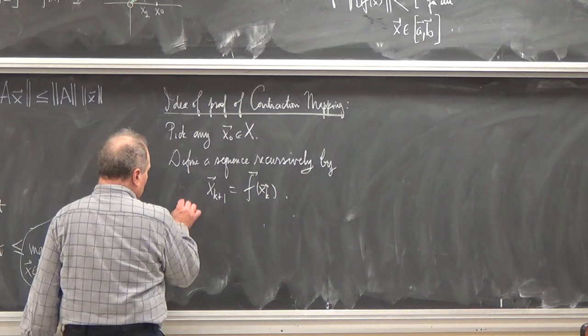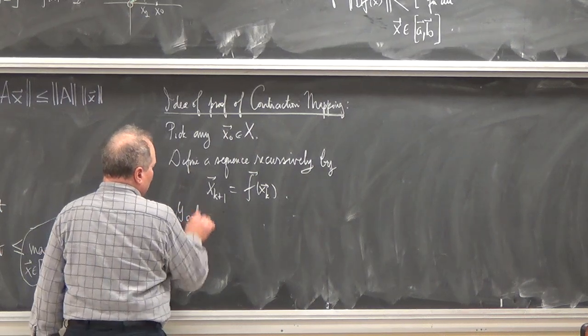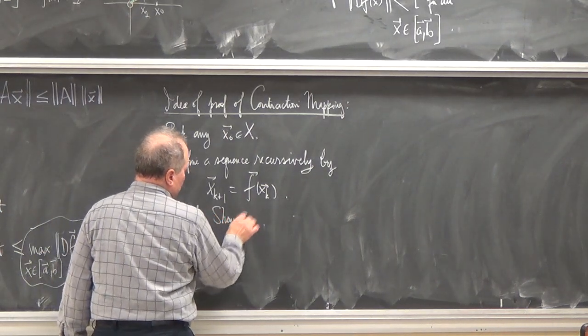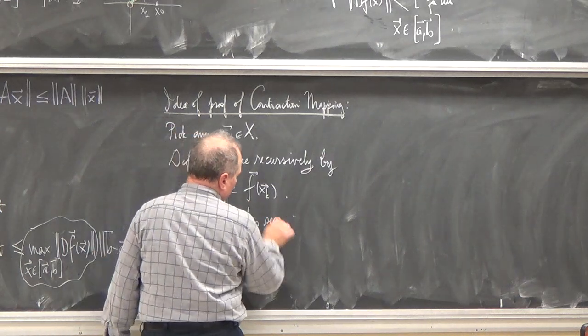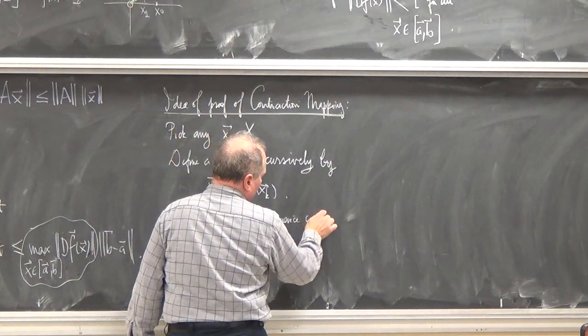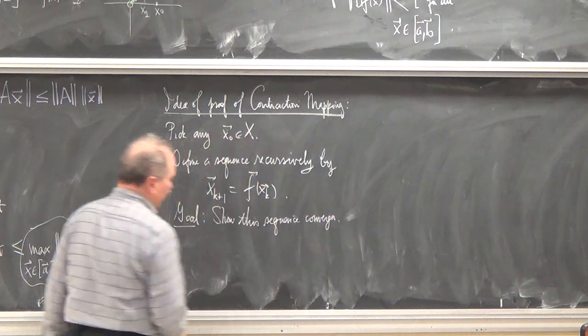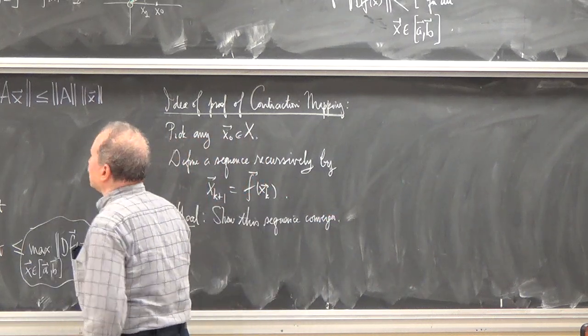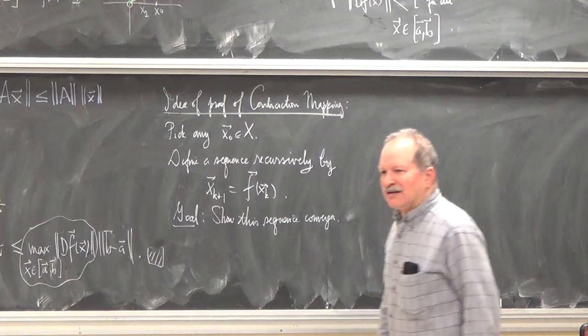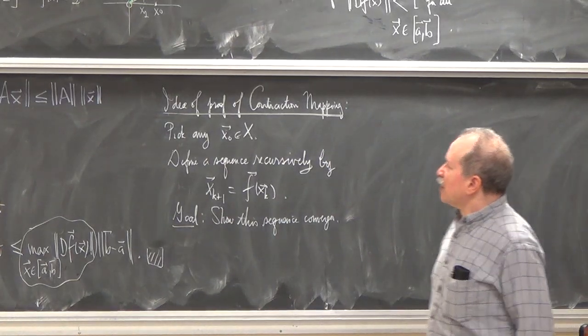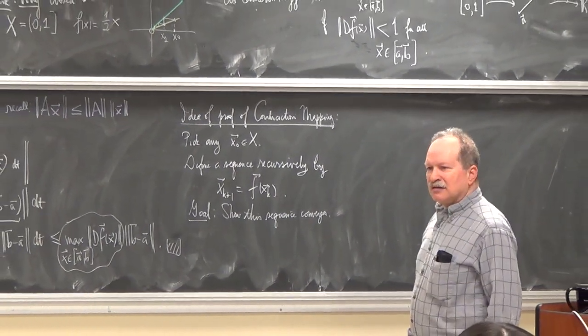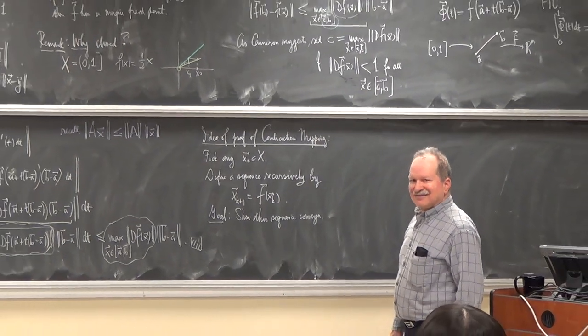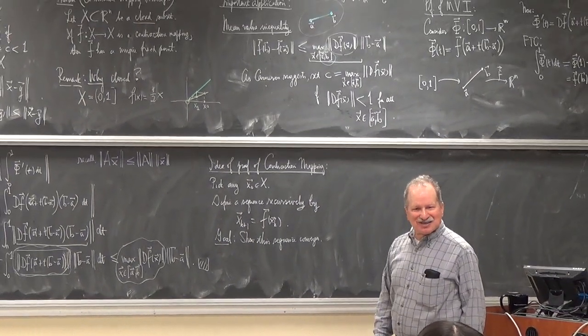So we know the goal: show the sequence converges. And then continuity, oh wait, I didn't assume continuity. I just assumed it was a contraction mapping. We proved in homework that contraction mappings are continuous.